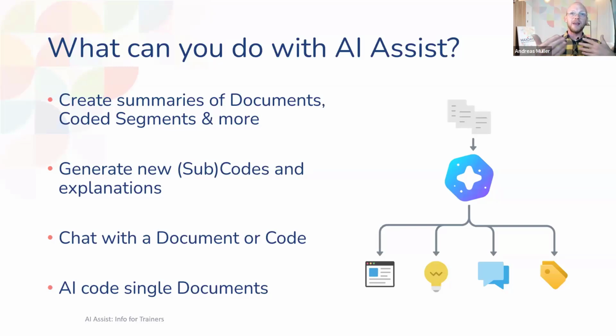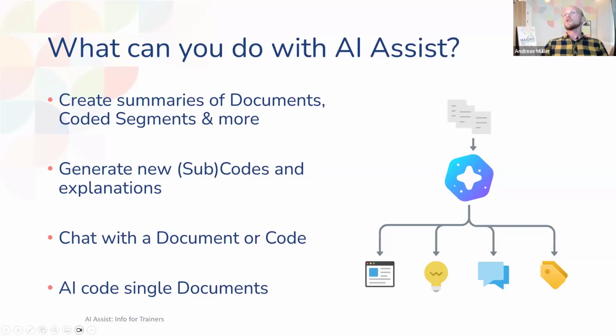I wouldn't even call it interaction, because I don't like anthropomorphizing AI too much, but it's a prompt-based analysis, where you enter prompts to analyze a document or code. And the last one, and that's the one I'm going to start with for today, is that you can use AI to code data.